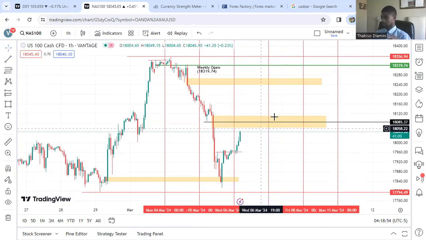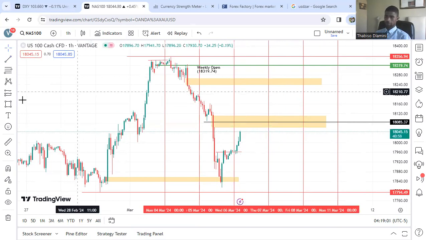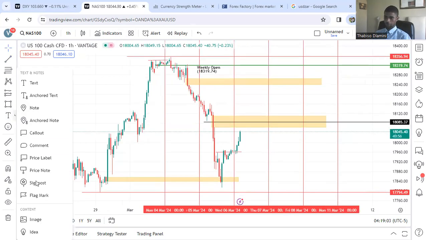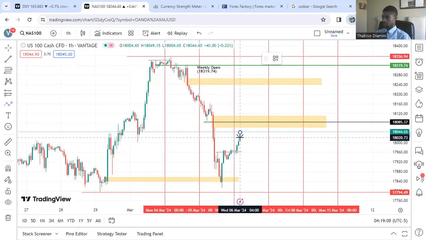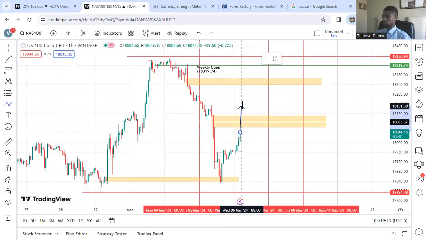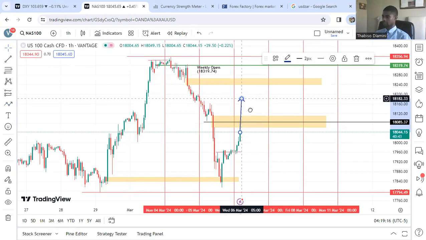This is a very key area. I'm very interested in this area. This is my point of interest. If price breaks through, let's just make it visual so we can all see. So if price from now, since we have this bullish run, breaks through here, perhaps we also have a market structure shift there.